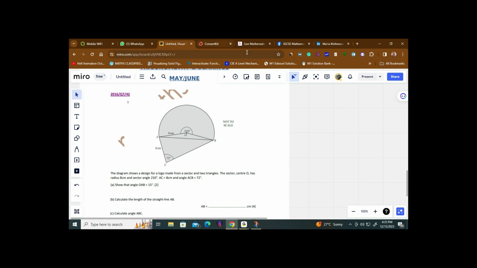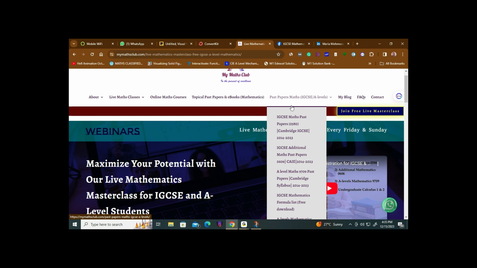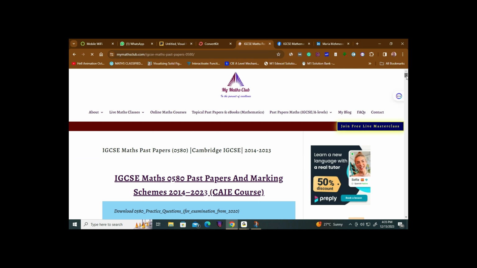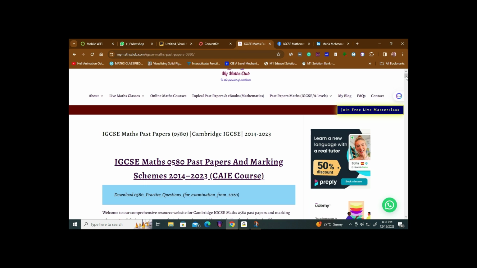Papers and marking schemes are available on the My Maths Club website.